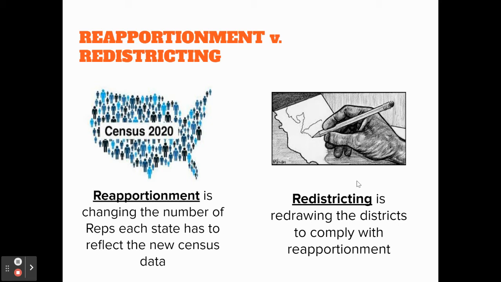Or if they lost a district, they're going to have to redraw that congressional district. That process is called redistricting. So reapportionment is first. We rejuggle who gets what cut of the 435. And then the next step is redistricting, which is the idea of redrawing the districts in a state to go along with the fact that you gained a representative district or you lost one.